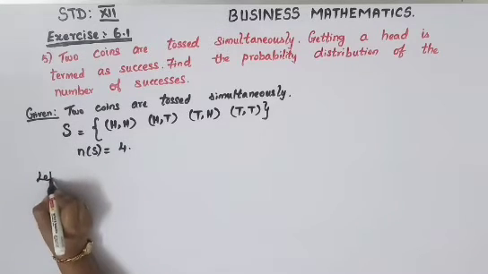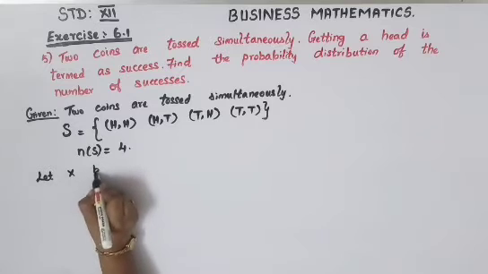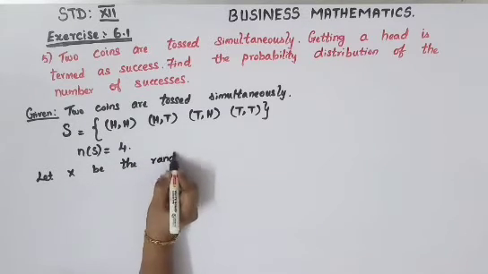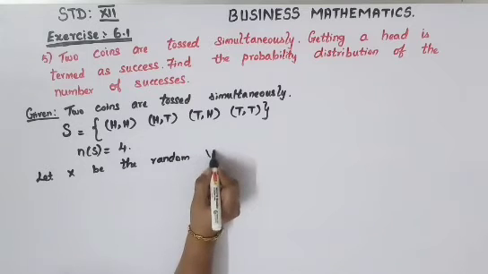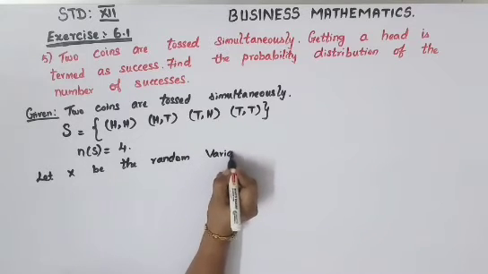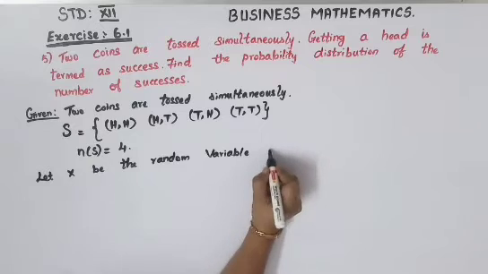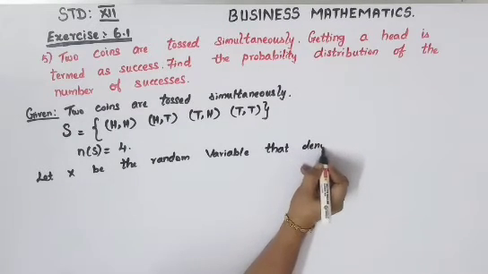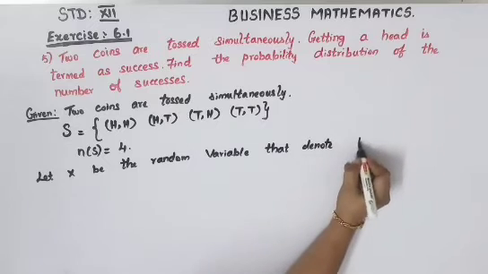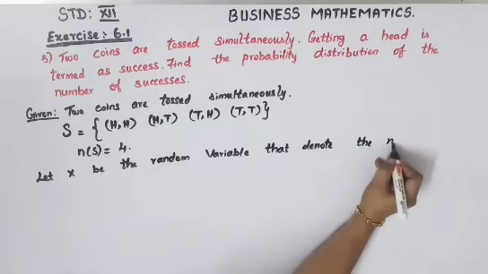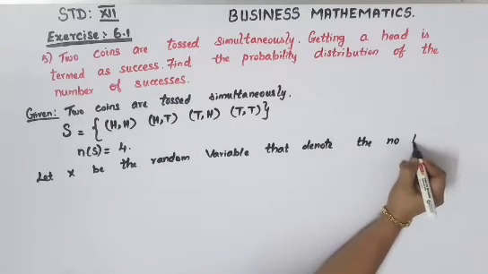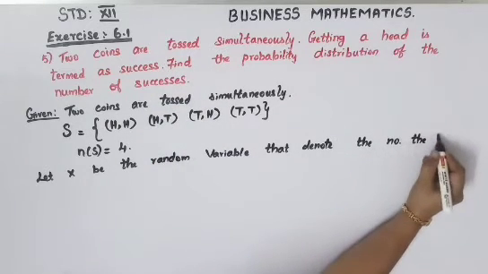Let X be the random variable that denotes the number of heads. They have given the number of heads only, which is termed as success.